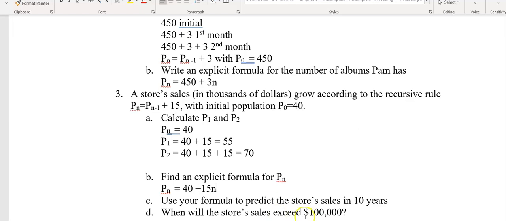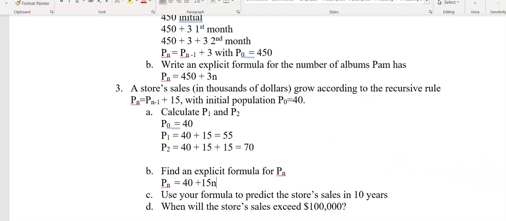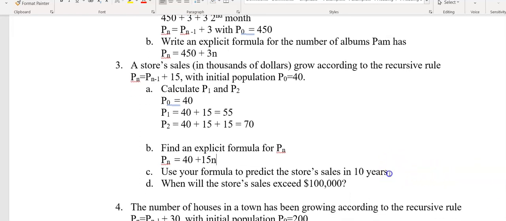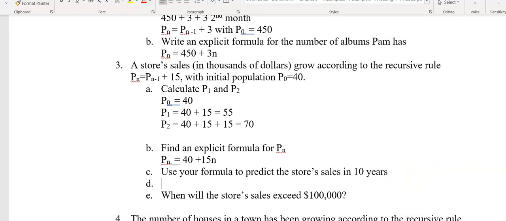All right, so let's use our formula to predict the store sales in 10 years. I was saying months, but they must be years. Okay, so let's predict 10 years. So P sub 10 is what we're predicting.